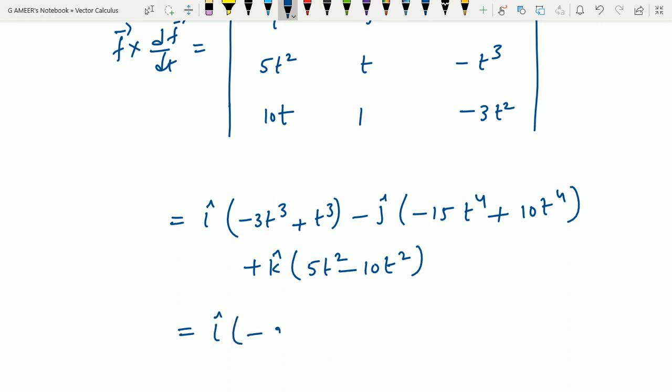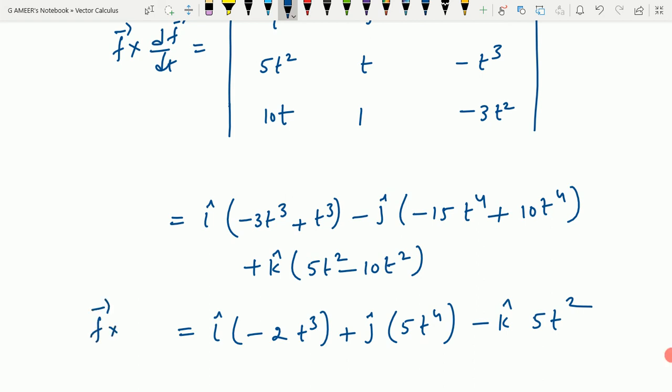Then from here, minus 2t cube i, minus j into minus 15 and 10, that is 5t power 4, and 5t square minus 10t square, that is k cap into minus 5t square. This is what finally we got, f cross df by dt.